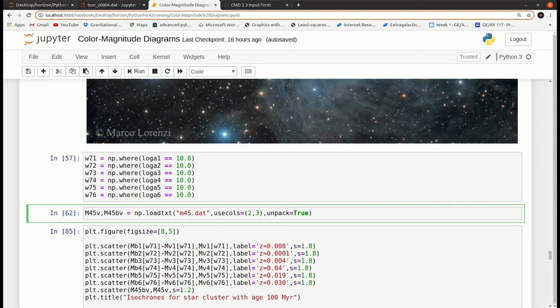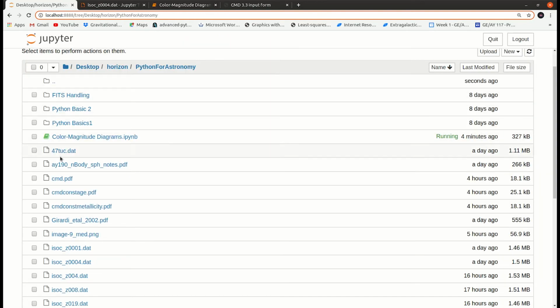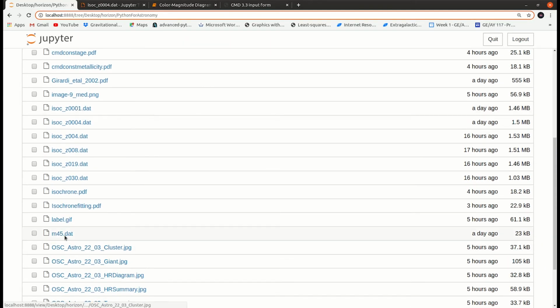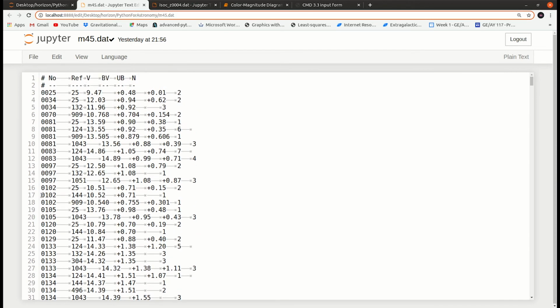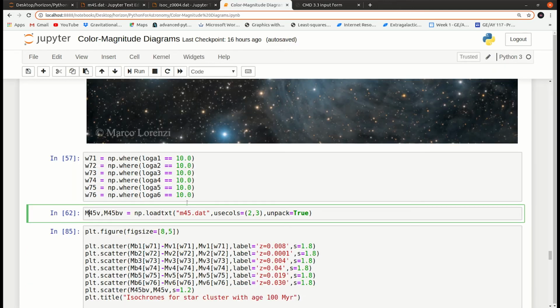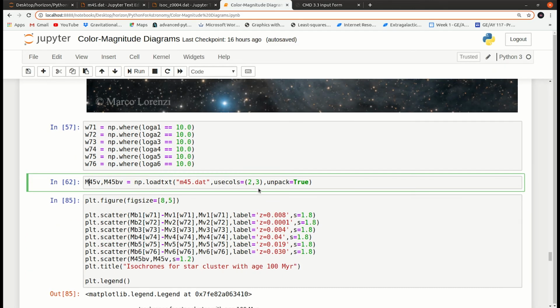You can look at it later if you want. I can open that and show. Yeah, so this is what it looks like. These are the reference numbers, and this is the V, BV, UB, and I don't want UB. I'll just stick with V and BV, and I take that out using np.loadtxt.